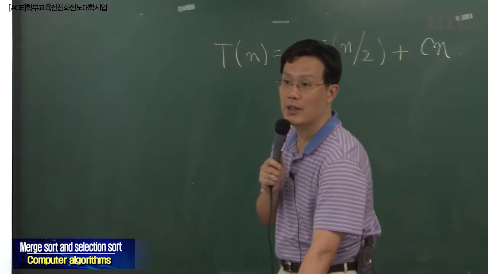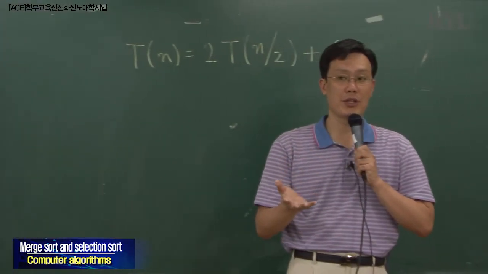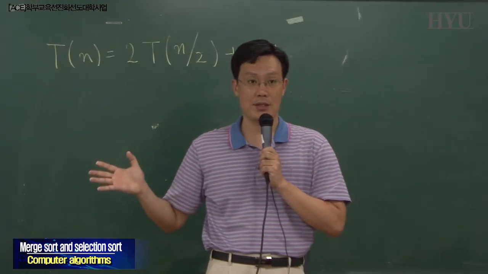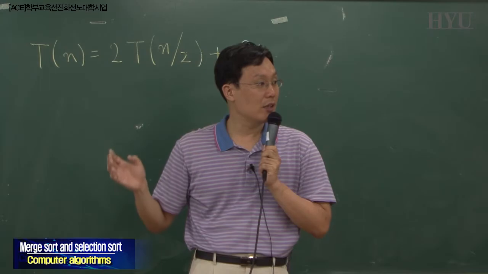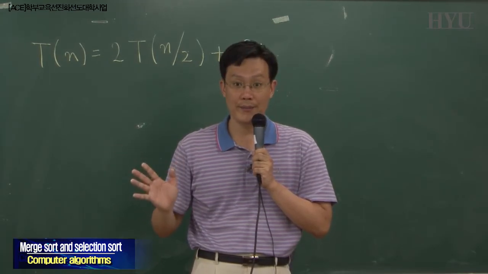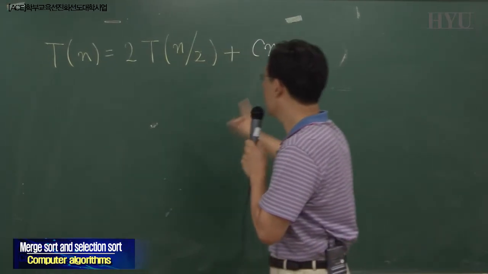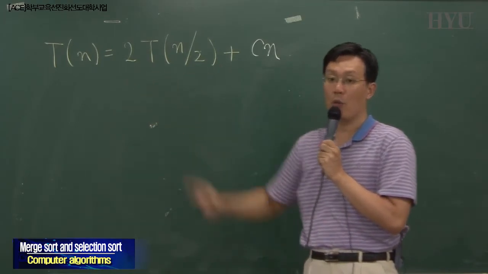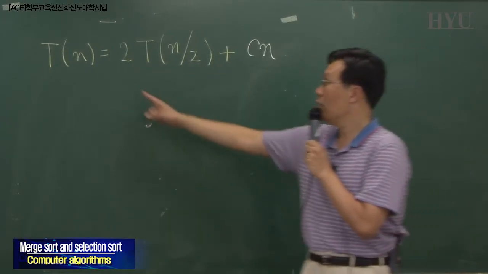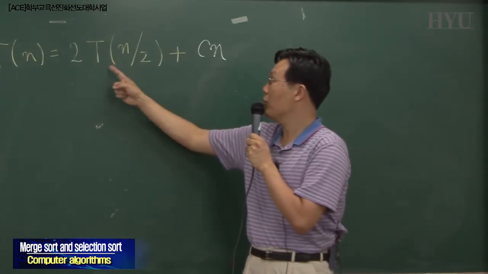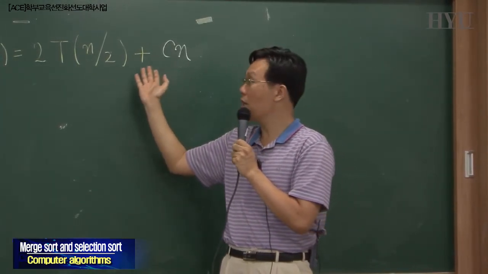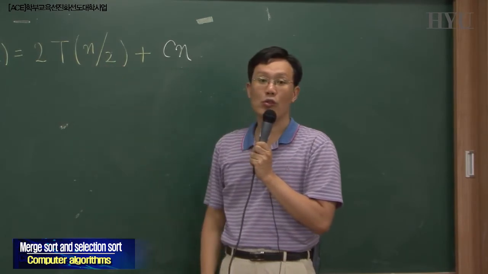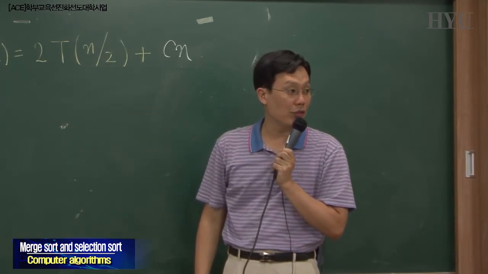First, what's the purpose of this? The purpose is calculating T of n. Okay? Then look at this equation. T of n is a summation of 3 terms. cn plus 2 T of n over 2.